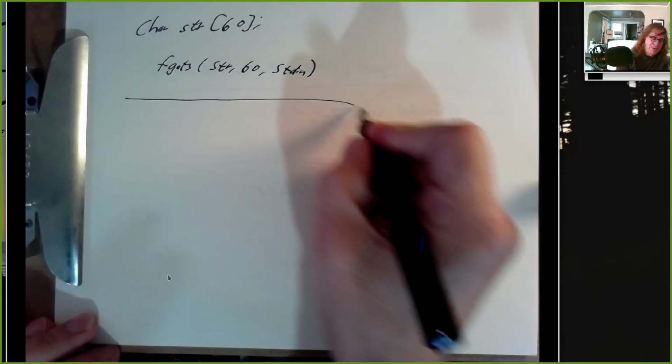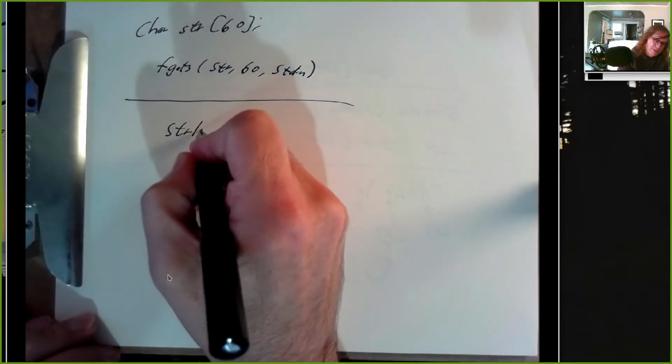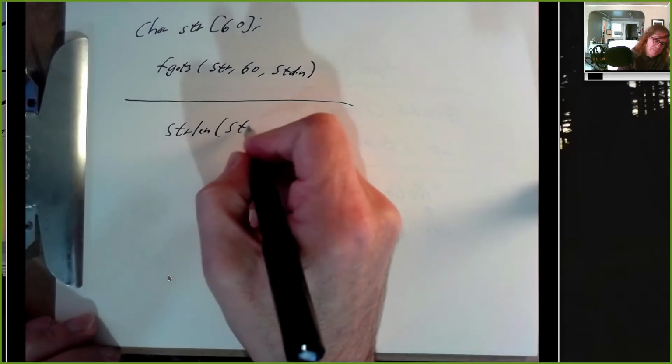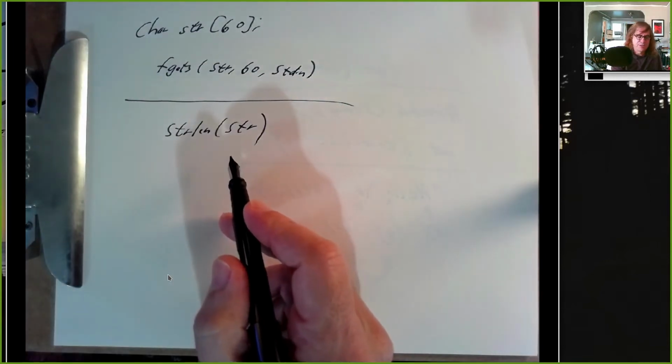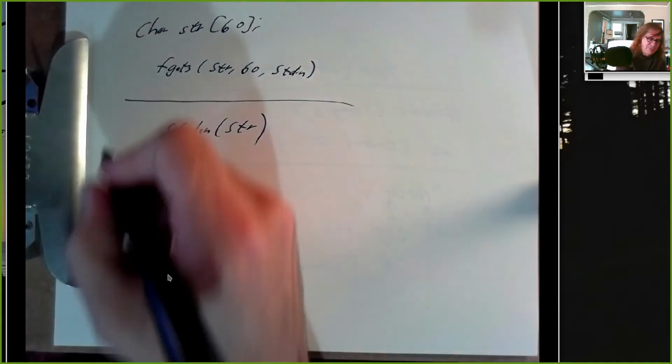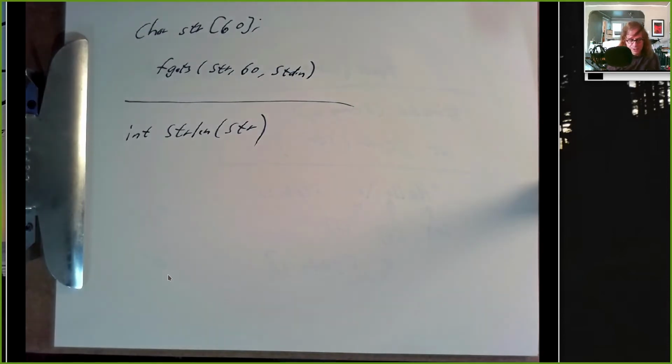And we want to know how many characters are in that string. There's a function called string length. You pass string length a char star, a pointer to a character, which is what this is, and it returns an integer. And that integer is the number of characters in the string.